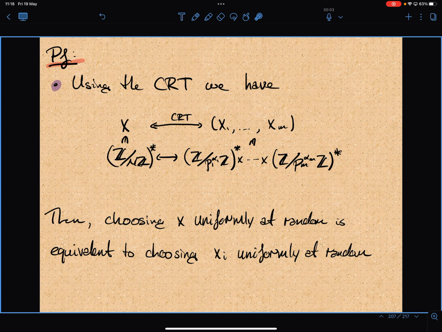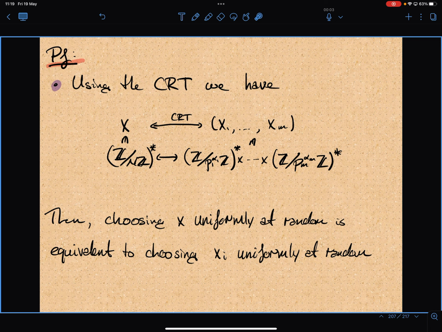So when we're choosing x uniformly from this set, it's equivalent to choosing each xi uniformly from each of these sets, Z mod pi to the alpha i. So we're going to move our randomness from this axis to this axis.